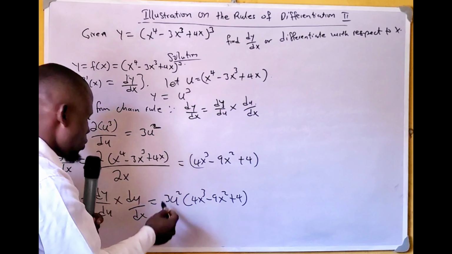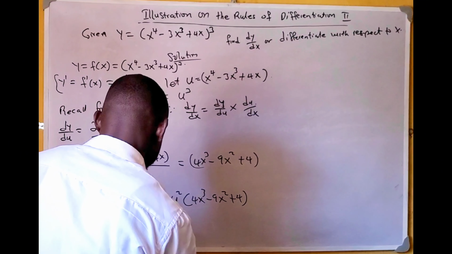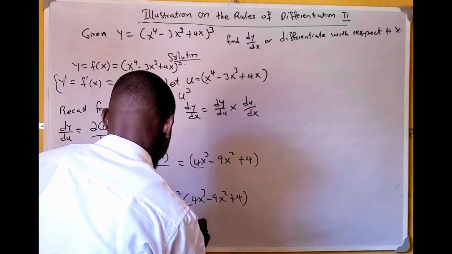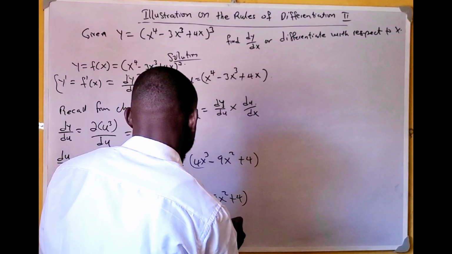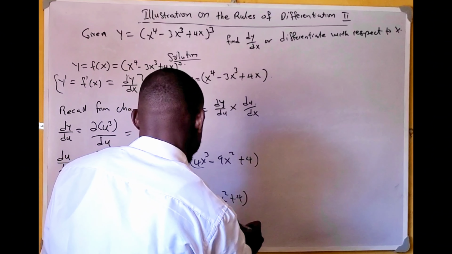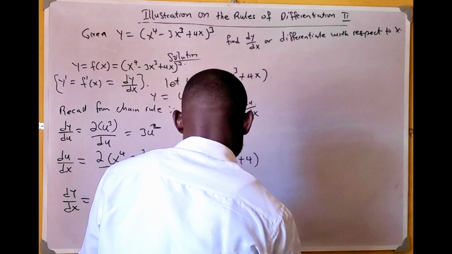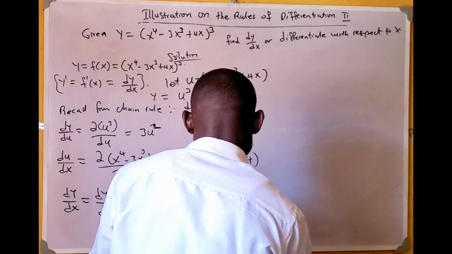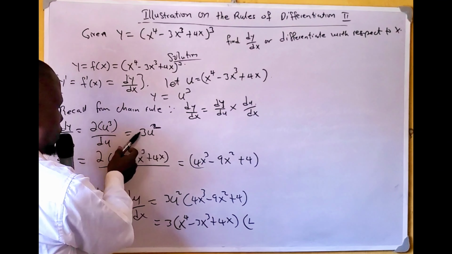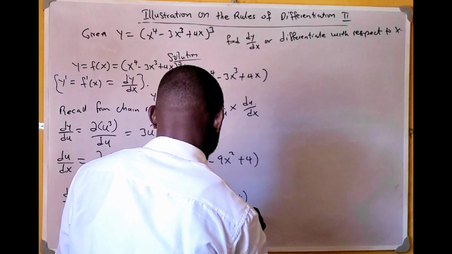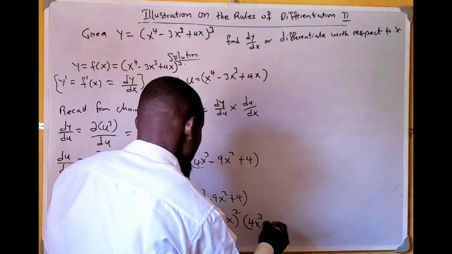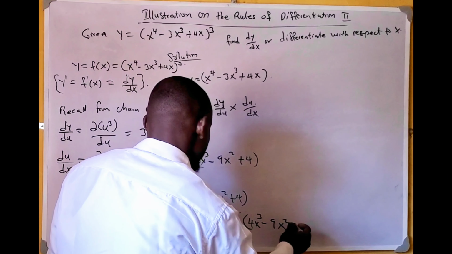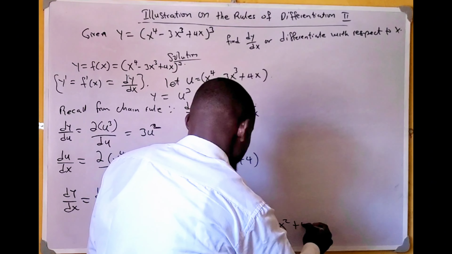When you substitute this for u, what we have is dy/dx equals 3 into x raised to the power 4 minus 3x raised to the power 3 plus 4x, everything squared, because remember, you have 3u squared, so you put a square there, into 4x raised to the power 3 minus 9x squared plus 4.